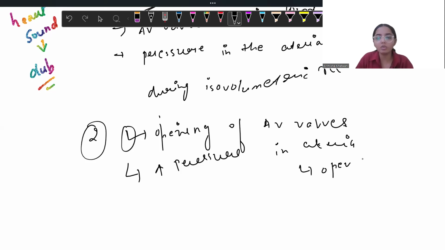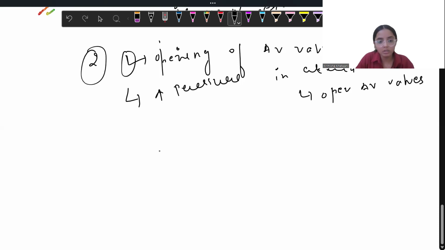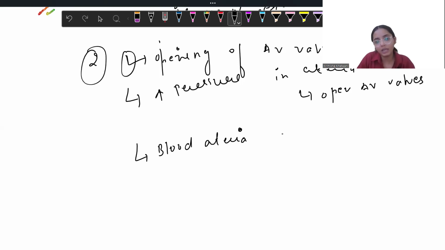So, why are AV valves opening? Because the pressure in the atria has now increased to such an extent that the atria are telling the valves to open, "we can't bear this anymore, so open the valve," right? So now AV valves will open. After opening of AV valves, the blood from the atria enters ventricles. Okay, the blood from the atria enters ventricles. Understood?